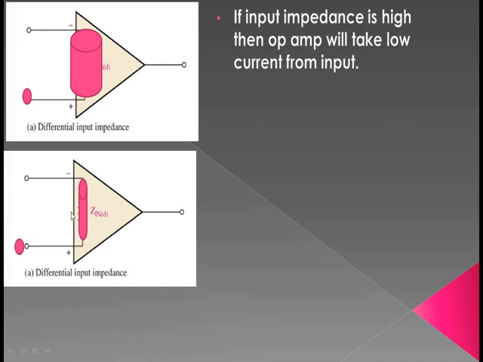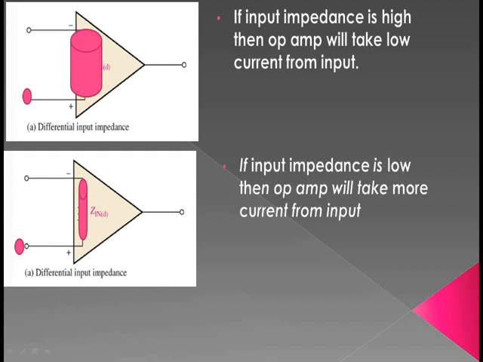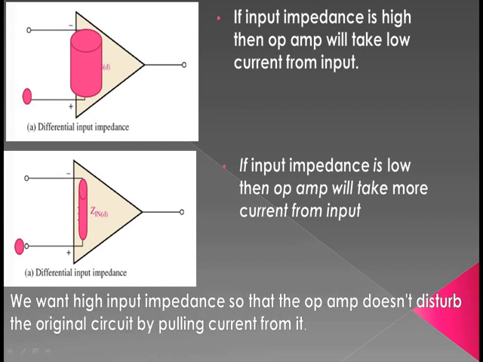If input impedance, that is input resistance, is low, then it accepts more current from the inputs. Therefore input circuitry is loaded because op-amp accepts more current from the inputs. We want high input impedance, so op-amp doesn't disturb the original circuit by pulling current from it.